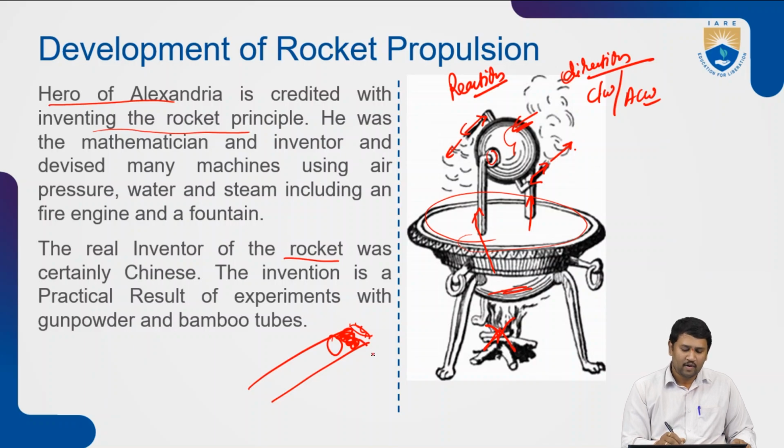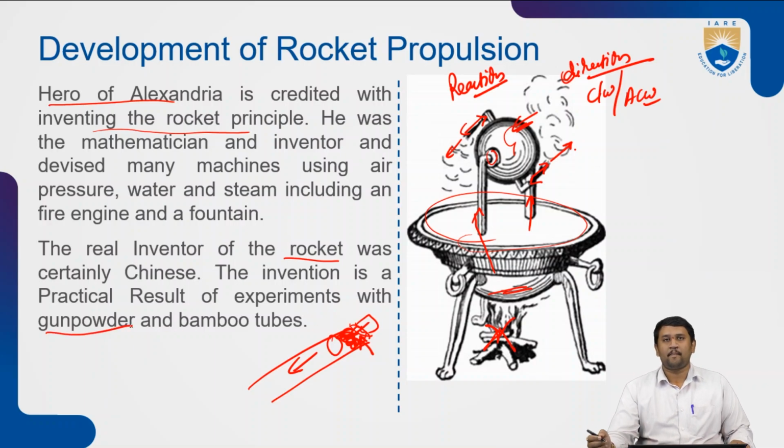Upon igniting the gunpowder, the projectile gets shot out, or the bamboo tube itself gets uplifted. The bamboo tube will get uplifted over a certain period of time until the gunpowder is burned.